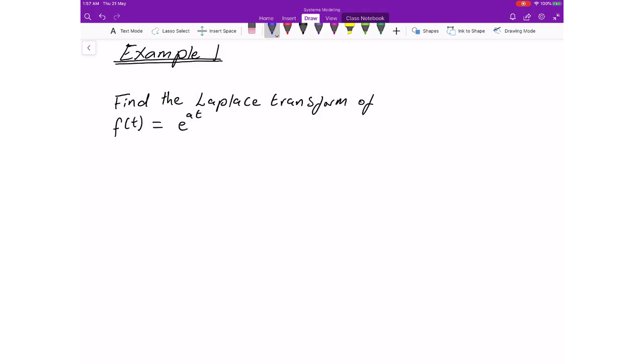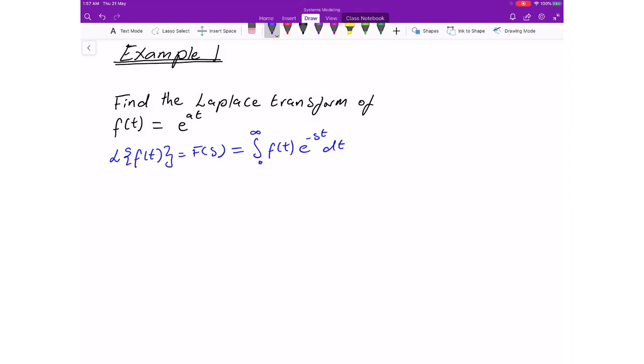So we know that the Laplace transform of our function is given by f of s, which is equal to the integral between 0 to infinity of our function multiplied by e to the minus st dt.